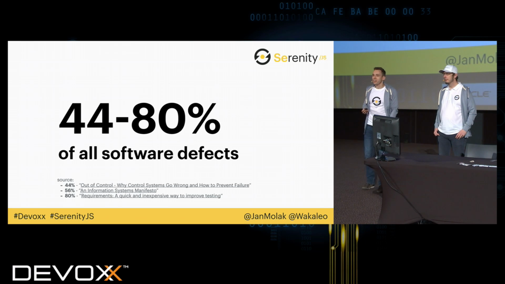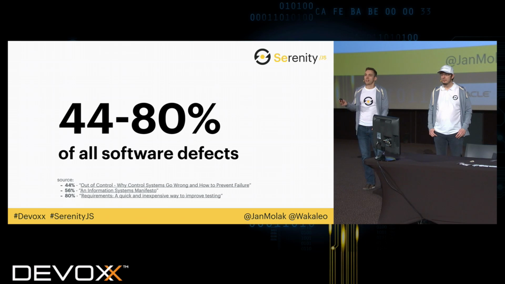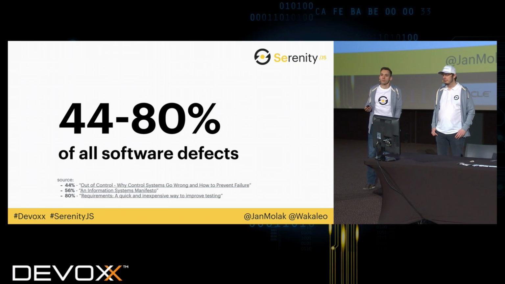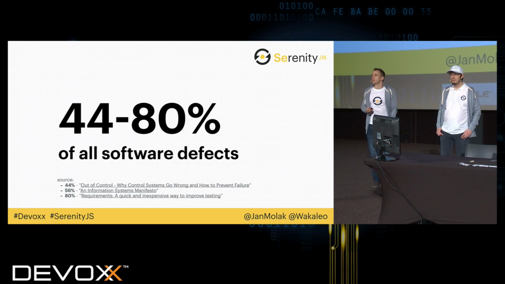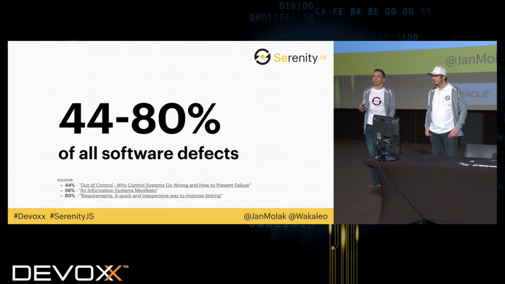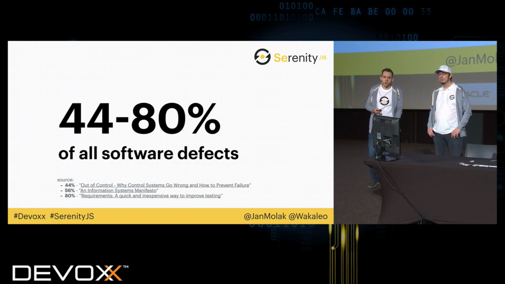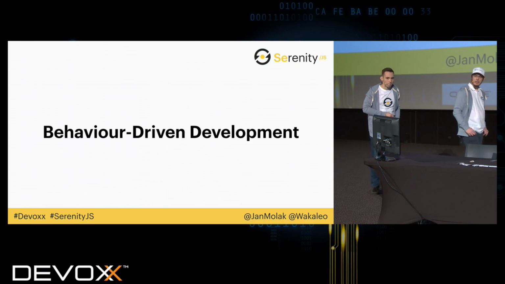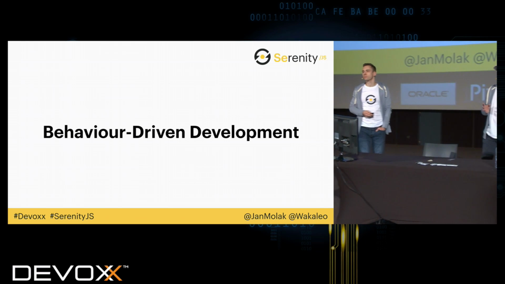And funnily enough, those problems have been around since 1985, that's when I found the first study, through 1995, 2005, and until recent days as well. So despite the changes in technology, the main issue is still the same. It might make sense that as part of our test automation effort, we should address the root cause of all the problems. And that's where behavior-driven development comes into play.